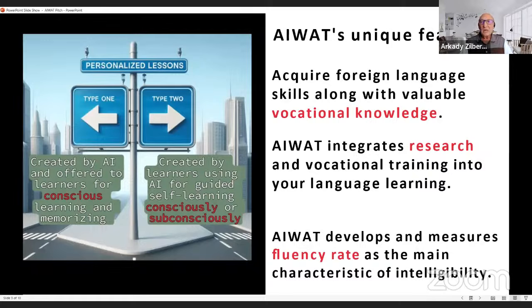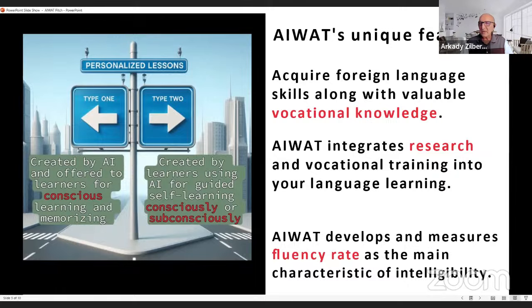So there are two types of personalized lessons. Type 1, created by AI and offered to learners for conscious learning and memorizing. But we know we cannot memorize anything. In 2-3 days, we forget 75% of what was given to us as information.